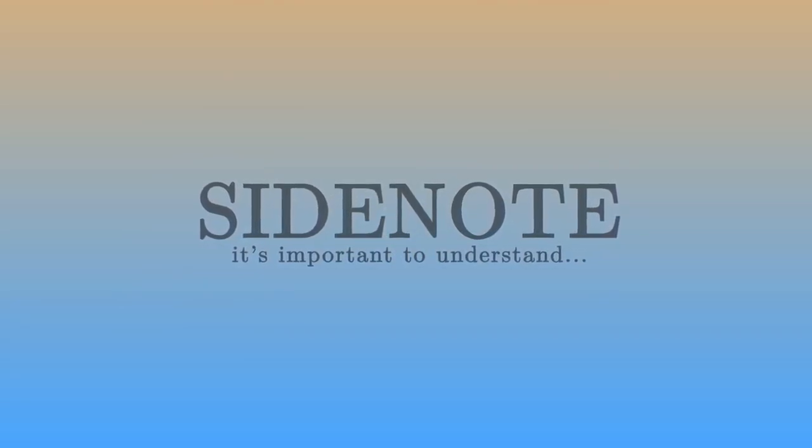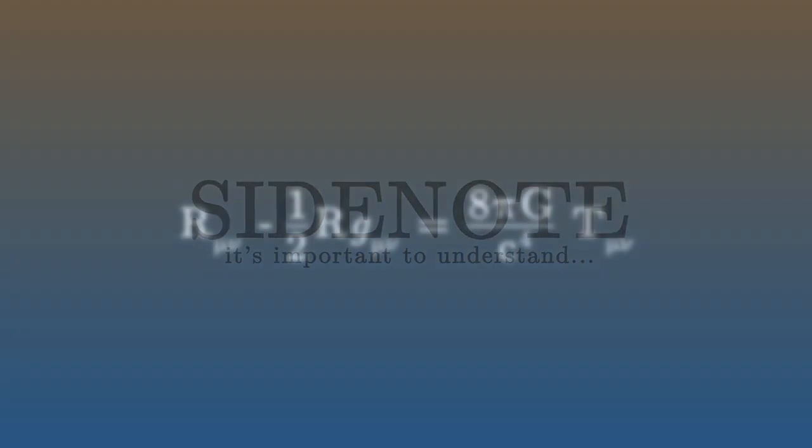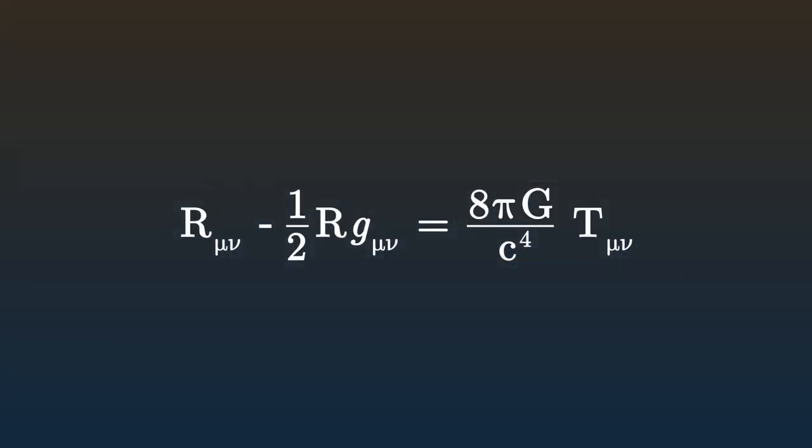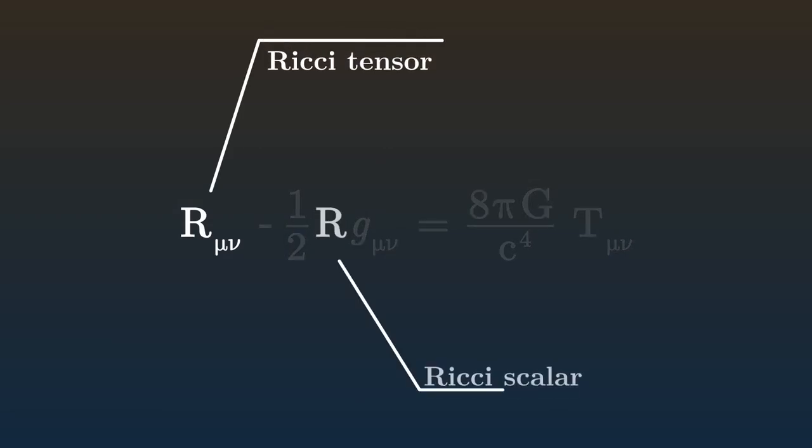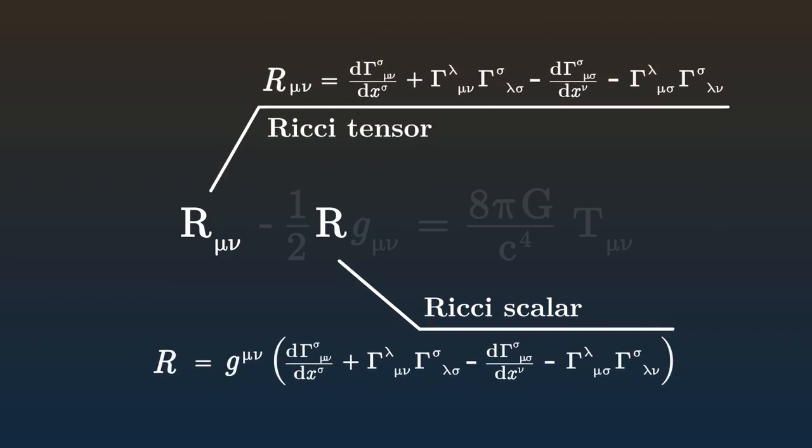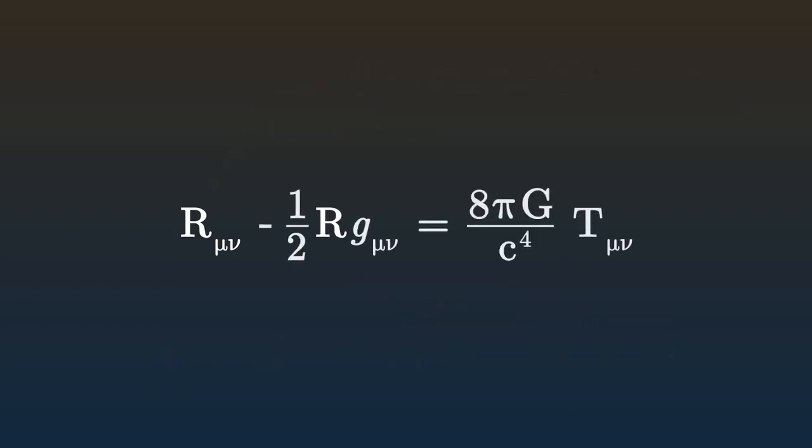It is important to understand that the Einstein equation is extremely hard to solve. As we saw previously, the Ricci tensor and the Ricci scalar, which appear on the left of the equation, contain complex calculations involving derivatives, sums, and products of the metric tensor. Moreover, the two sides of the equation are closely related.